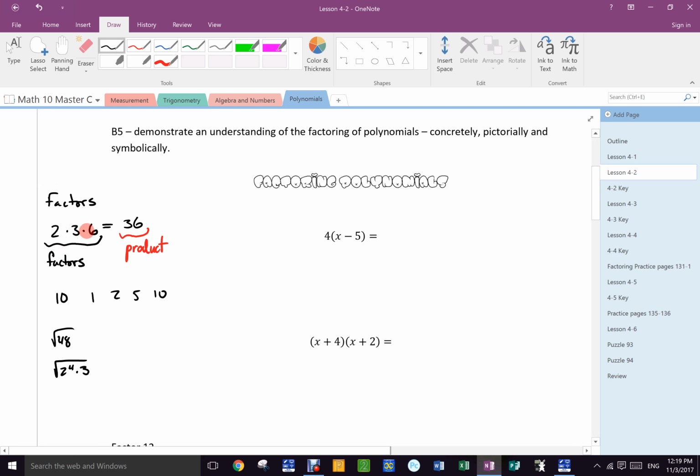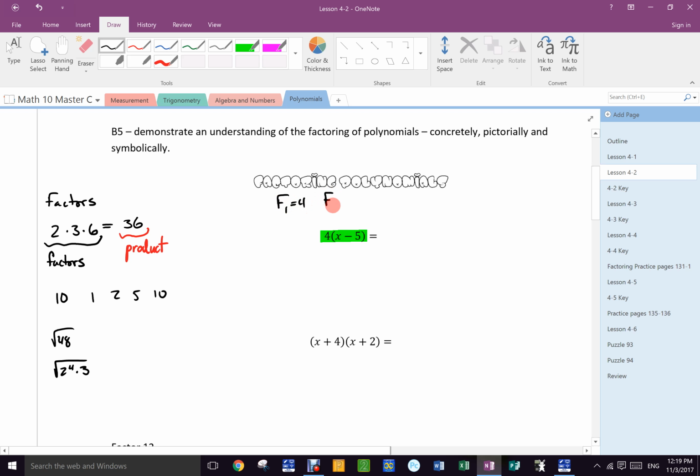If everything on the multiply side is a factor and everything on this side is a product, let's come over to this example right here. What would you call those two things? Those are factors, aren't they? Because they are two things being multiplied together, yes? What is one of the factors? 4.